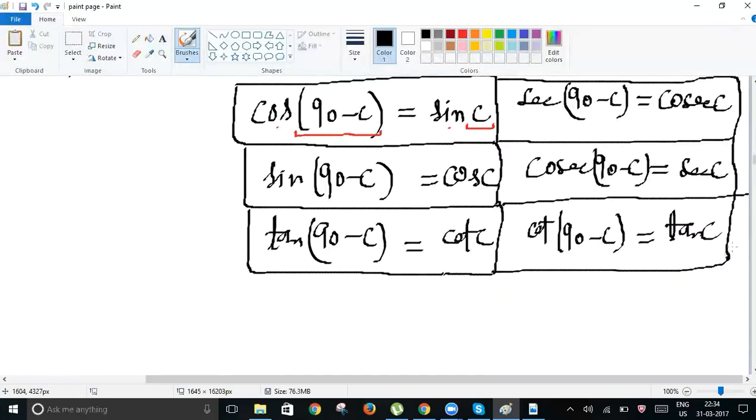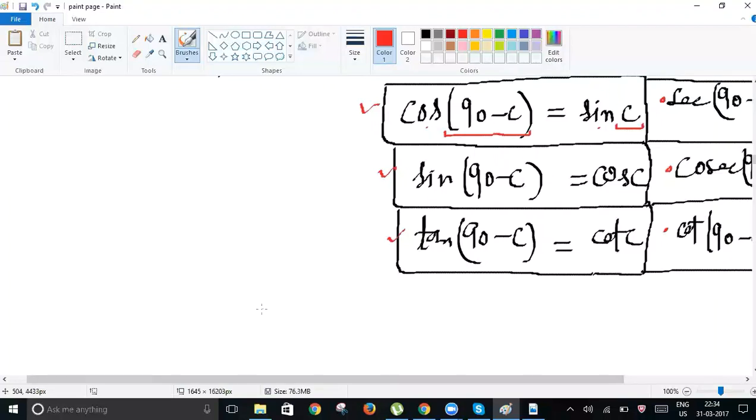They all are important, but usually they ask you questions about the basic ratios like sine, cos, and tan. They're less likely to ask questions about the reciprocal ones, sec, cosec, and cot. Done? Yes. Okay.